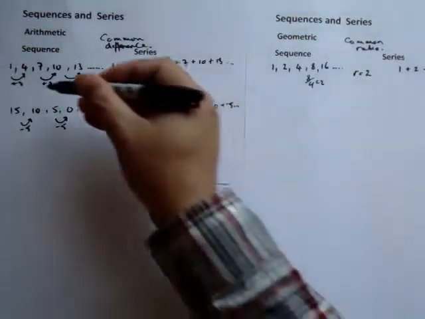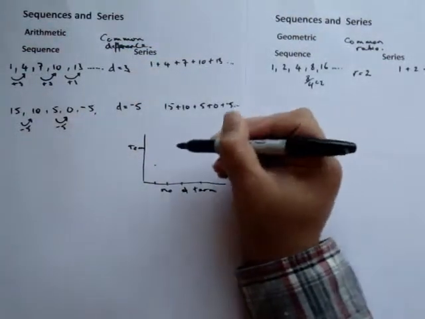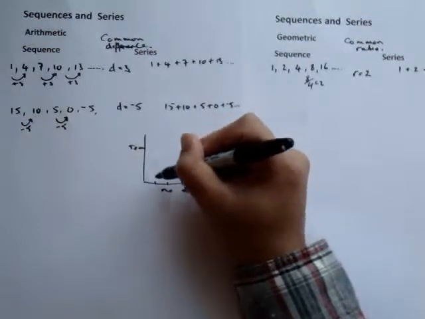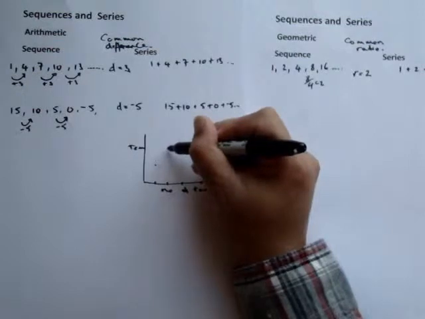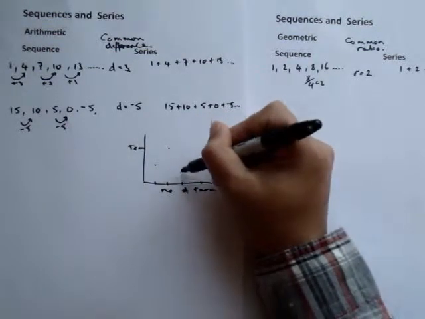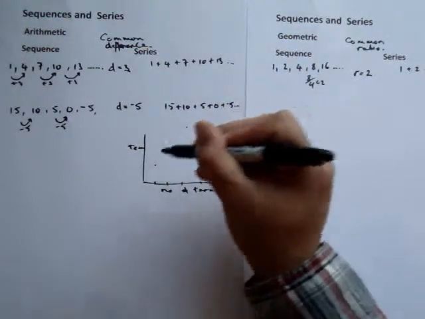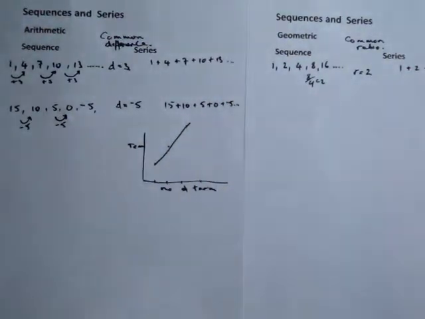So for instance, the first term would be 1, and then we would have a difference of 3, we go to 4. The third term would be 7, with a difference again of 3. We would get a straight line relationship.